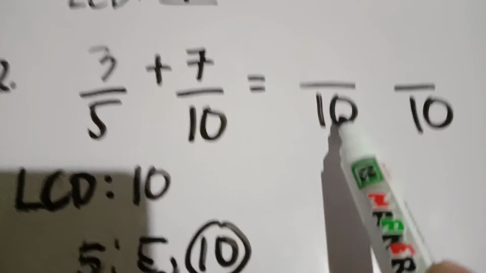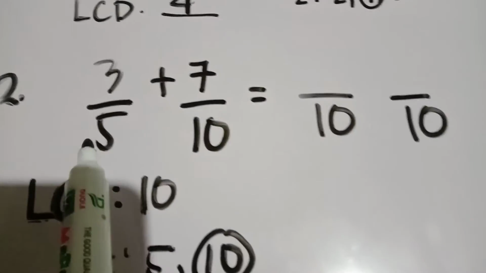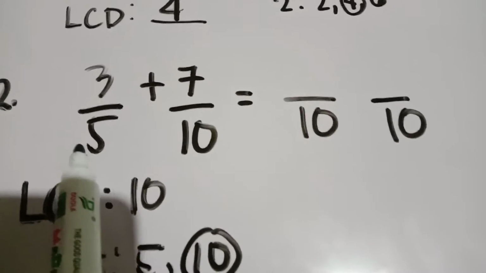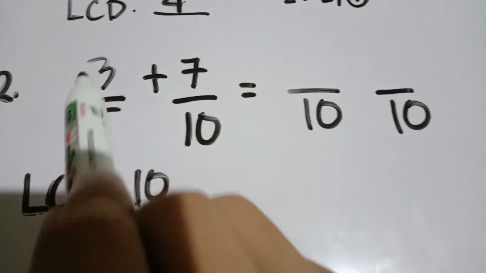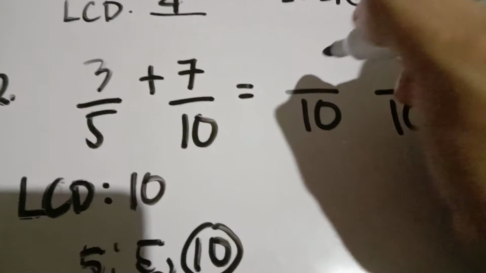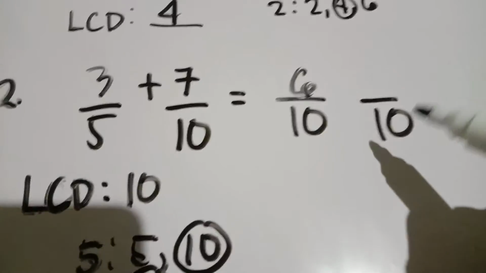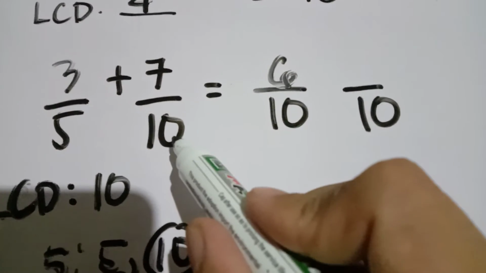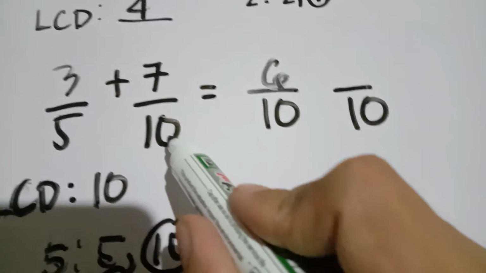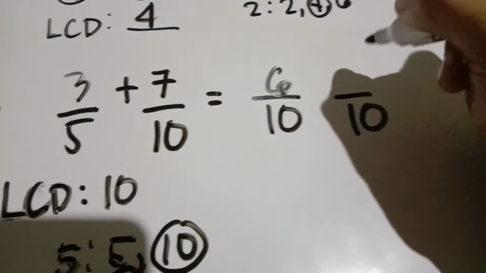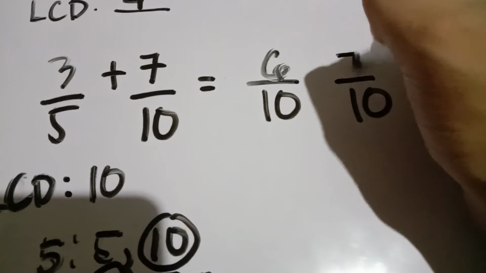Okay, so 10 divided by 5, that is equal to 2. Then multiply the quotient to the whole number. So 2 times 3, that is equal to 6. Okay, next. 10 divided by 10 is equal to 1. Then 1 times 7 is equal to 7.